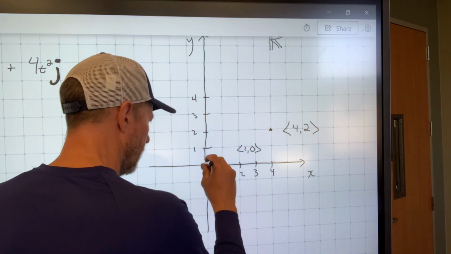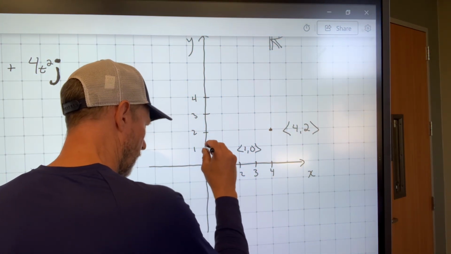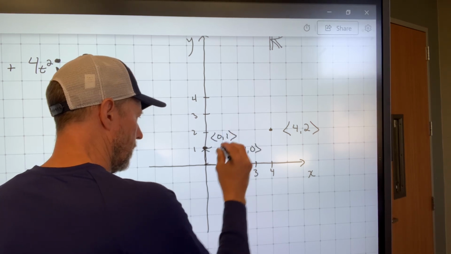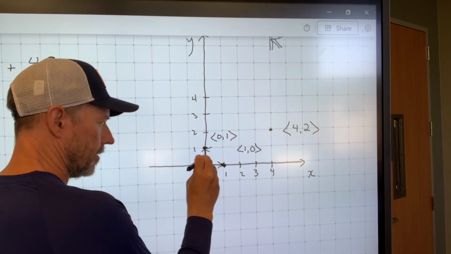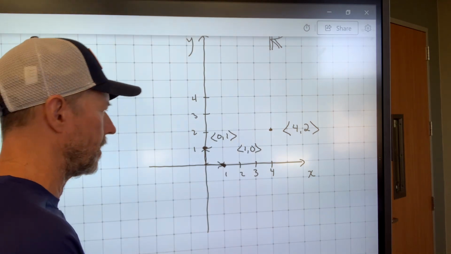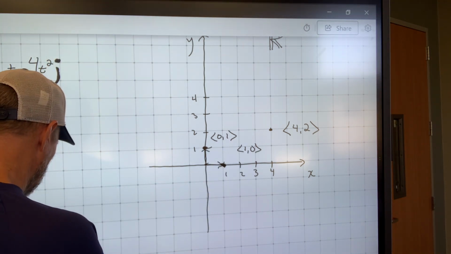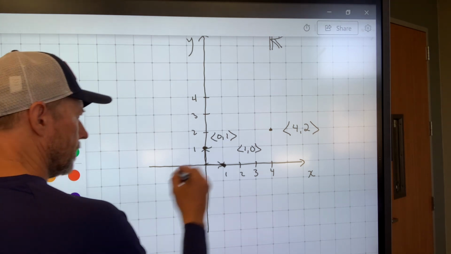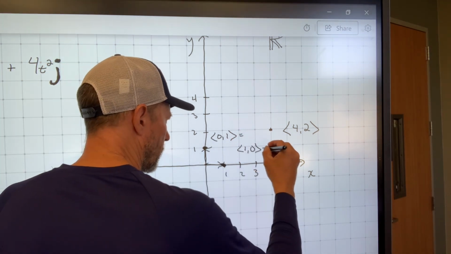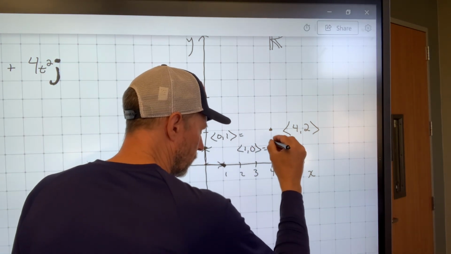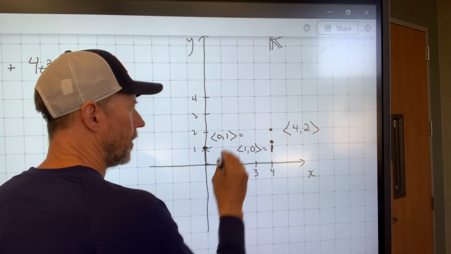And then the other one is 0, 1. The direction is 90 degrees because it forms a right angle with the positive x-axis, and the magnitude is 1. But the thing that is important for us is we call this one i, and we use bold letters, and we call this one j.